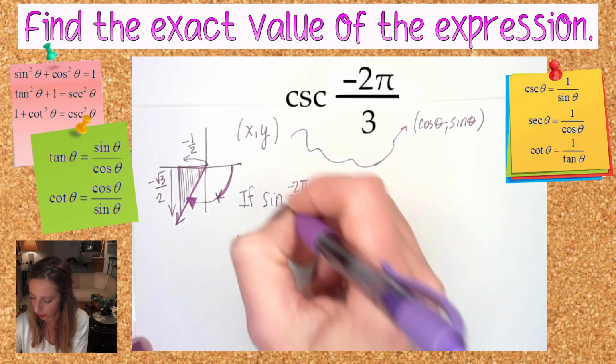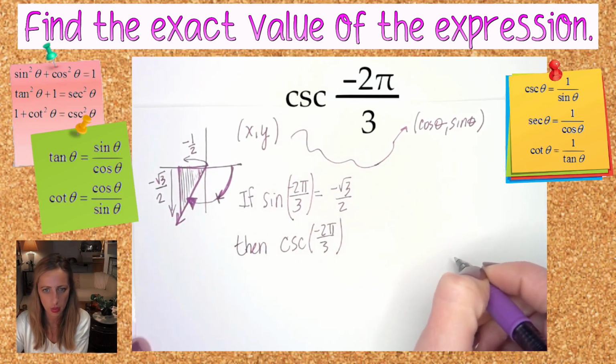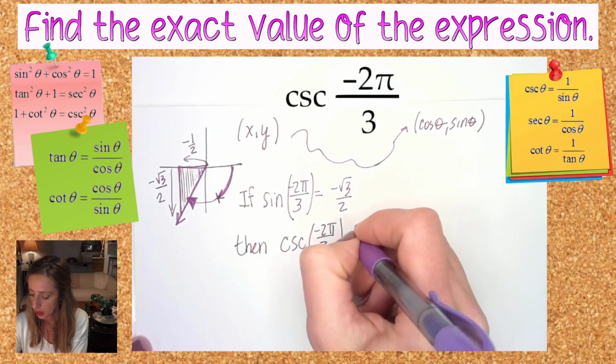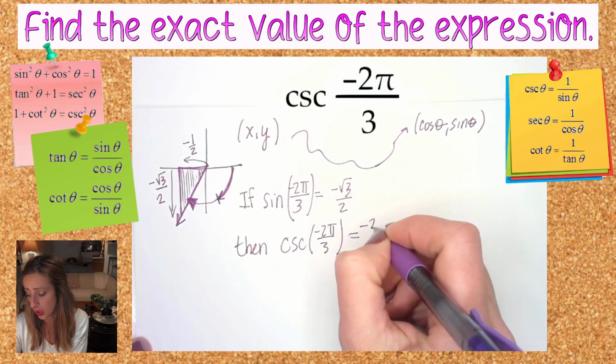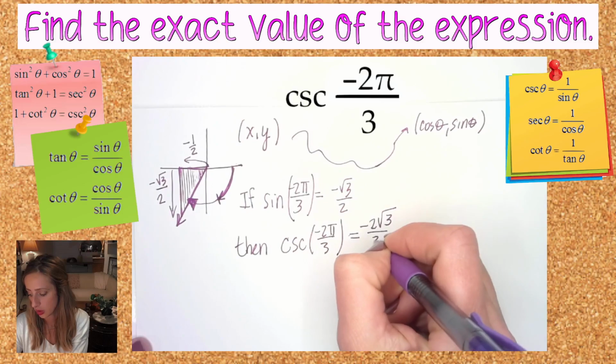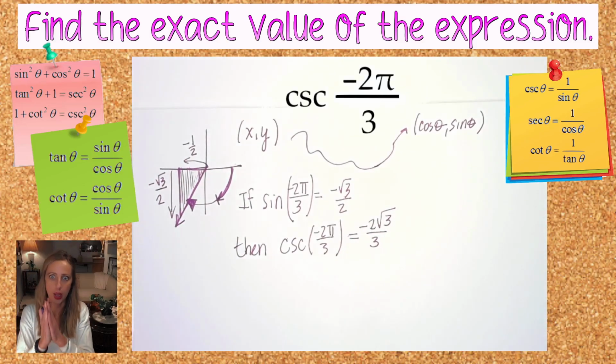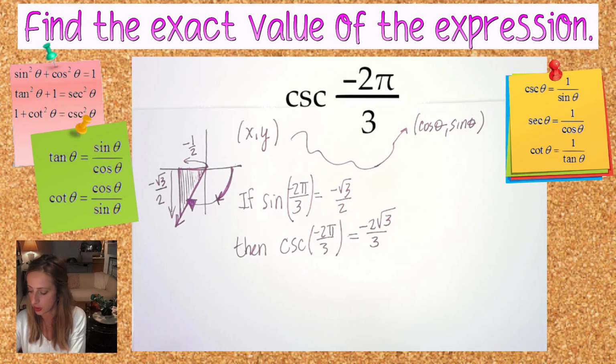I tend to prefer using parentheses if it's a negative angle, otherwise it looks funny. It equals that reciprocal, which you should have memorized. It shouldn't take you all day, and you should always rationalize denominators when we're talking about trigonometric functions. That is one place we are always going to rationalize our denominators.